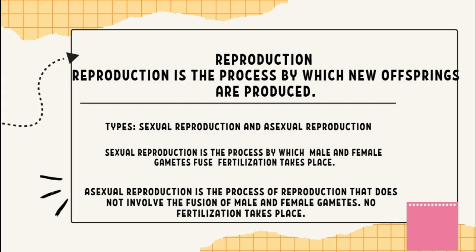So when we talk about reproduction, it's a process by which new offspring are produced. And the word reproduction does not only go for human beings, it goes for animals. Once you are living, you can reproduce. It is one of the 7 characteristics of all living organisms, the ability to reproduce.